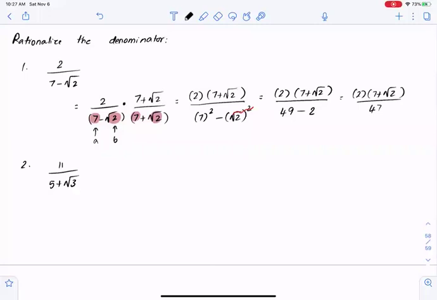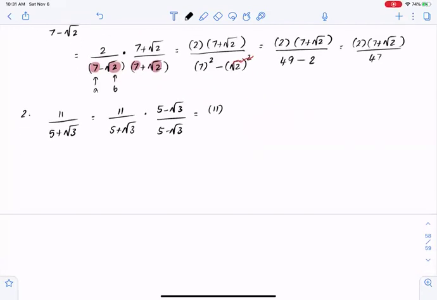Give you a couple of minutes. We have to multiply and divide by the conjugate, so 5 minus root 3 divided by 5 minus root 3. The numerator would simply be 11 times 5 minus root 3, divided by, we have a plus b times a minus b, which simply would turn into a squared minus b squared.